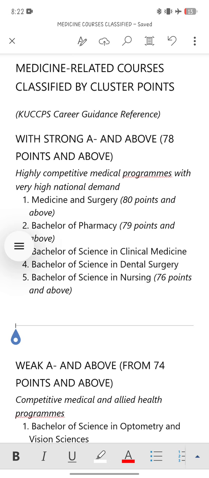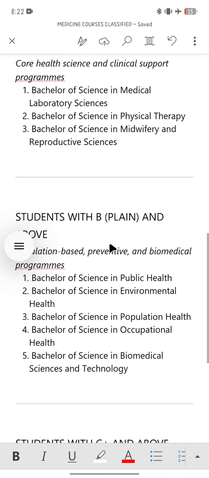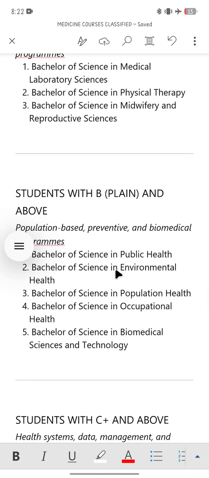And then because the student thinks that it's well to go to Kenyatta University or University of Nairobi, the student decides to go down and choose a small course like Bachelor of Science in Public Health. With a 79, you decide to go to Kenyatta University to do Bachelor of Science in Public Health.